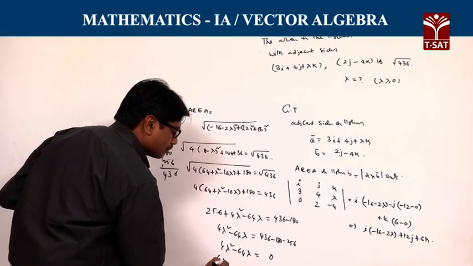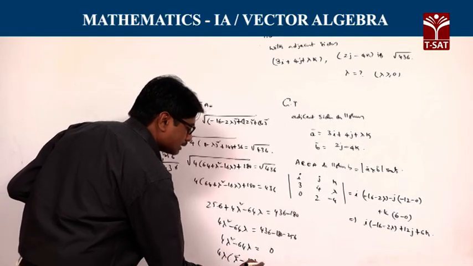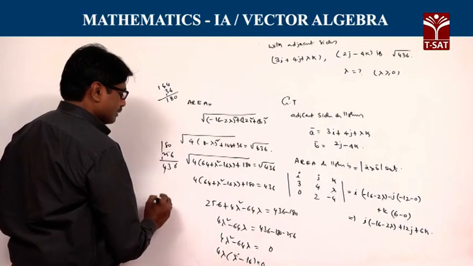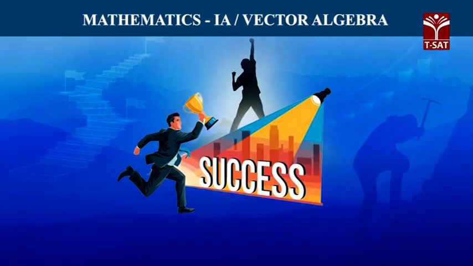As we took 4 lambda common, it will be lambda times lambda minus 16 is equal to 0. So we are getting two values for lambda: lambda is equal to 0 or lambda is equal to 16.